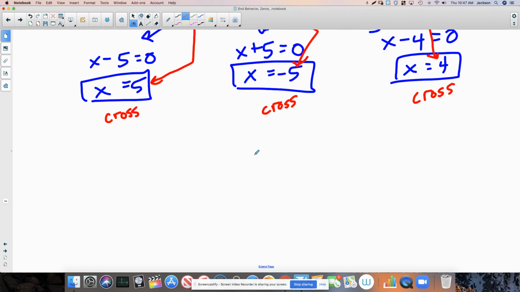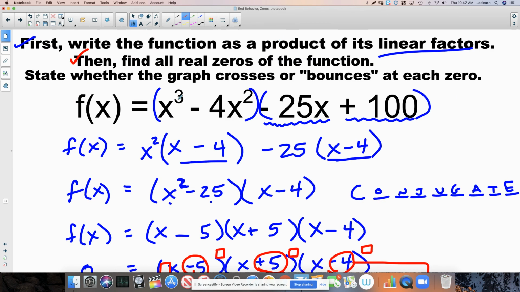You could even draw yourself a quick little sketch of what this might look like. Why not? We have a 0 at -5, a 0 at +5, and a 0 at +4. What else do we know about this function? It is an odd degree, and it has a positive leading coefficient.